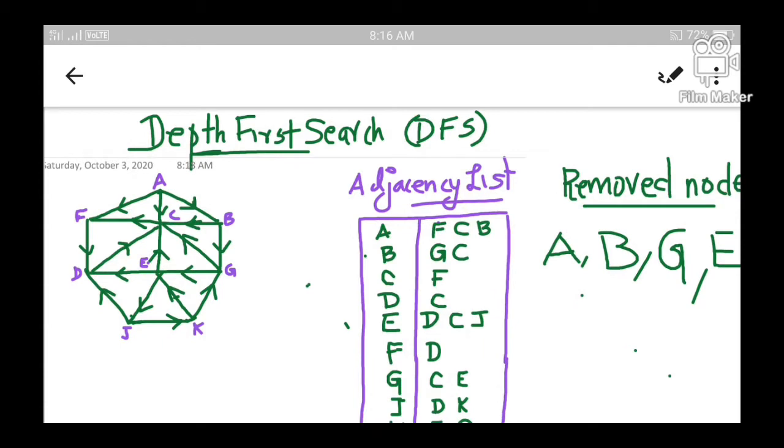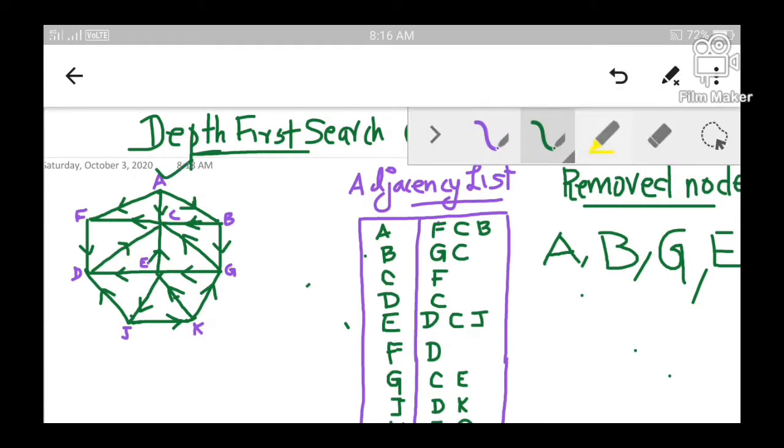Let us see. First you will start from A, at this position.